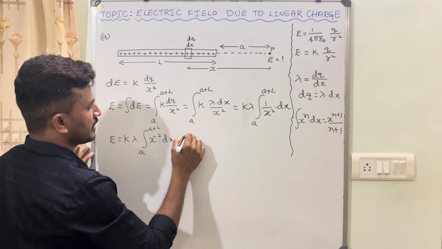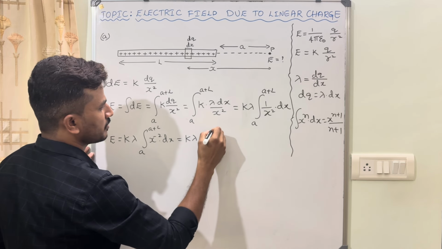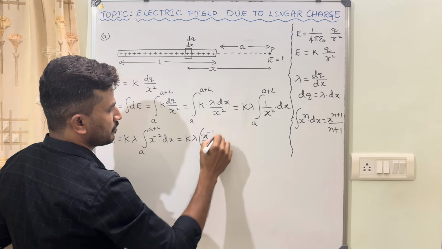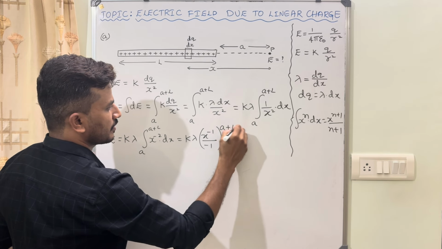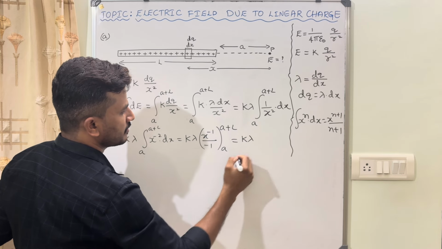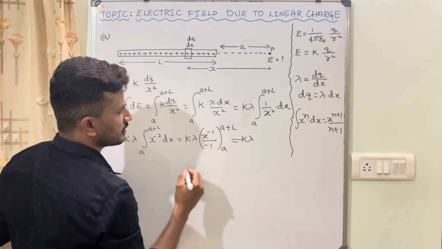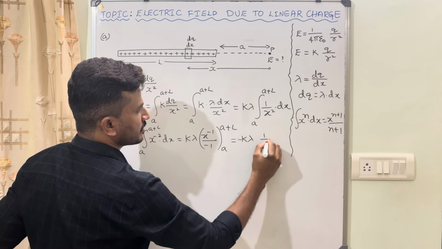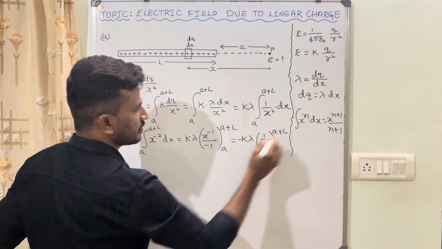So here this is the formula, x power n plus 1 divided by n plus 1. If you integrate this, you will get k lambda, x power n plus 1, minus 2 plus 1 is minus 1, divided by minus 2 plus 1 is minus 1, between the limits a to a plus l. So this will become minus k lambda, 1 by x, from a to a plus l.